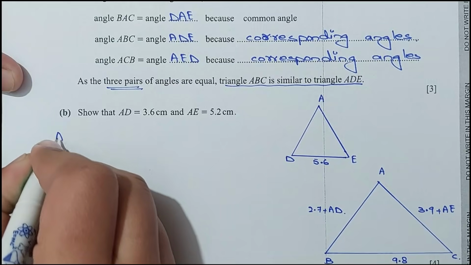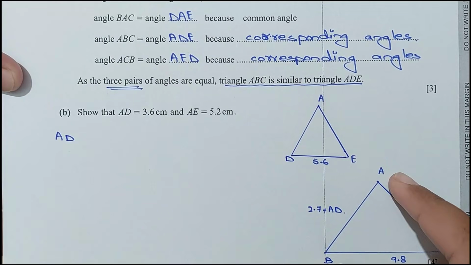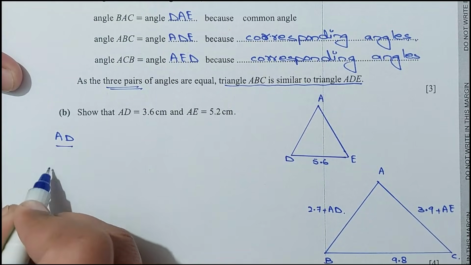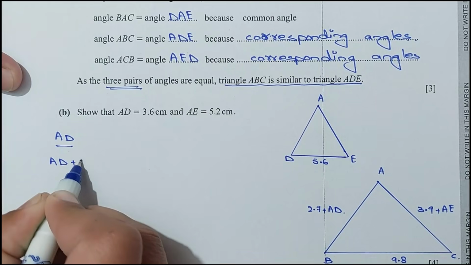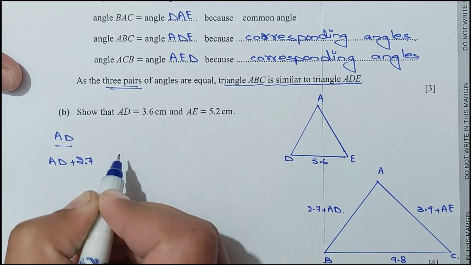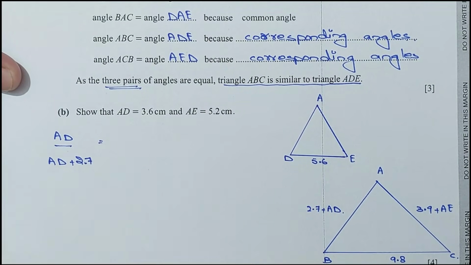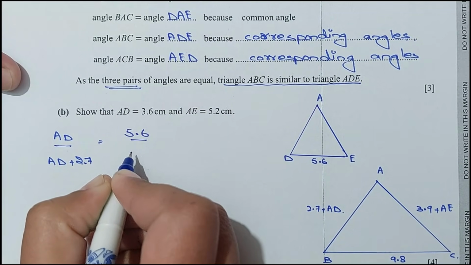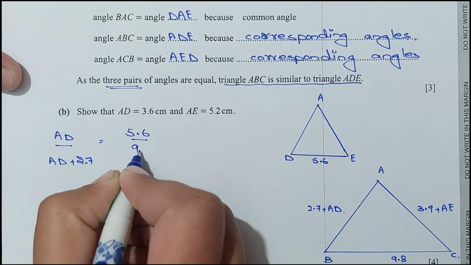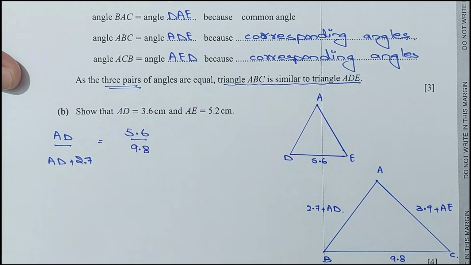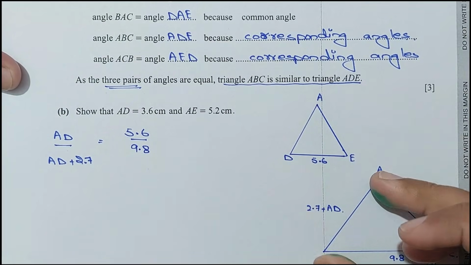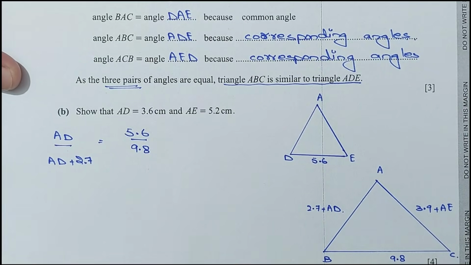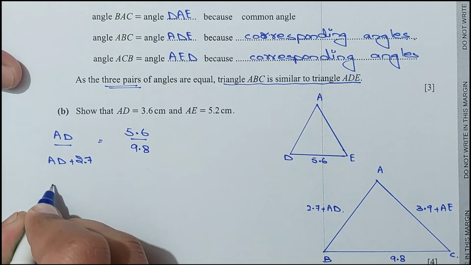What is AD? The ratio of AD over AD plus 2.7 would be equal to the ratio of these two sides, 5.6 over 9.8. The ratios of the corresponding sides are equal. Let me solve for AD.